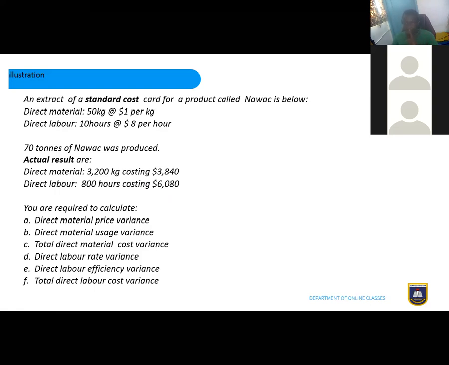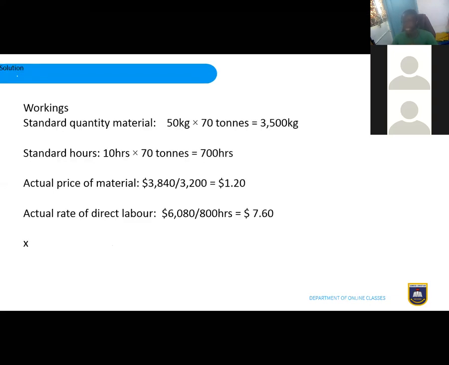So you need to divide. That is why earlier on I gave you a clue that for the actuals you divide, for the standards you multiply. So for actual rates of direct labor, you need to divide the total cost by the total hours. Here we have 6,080, which is the total cost, divided by 800 hours.